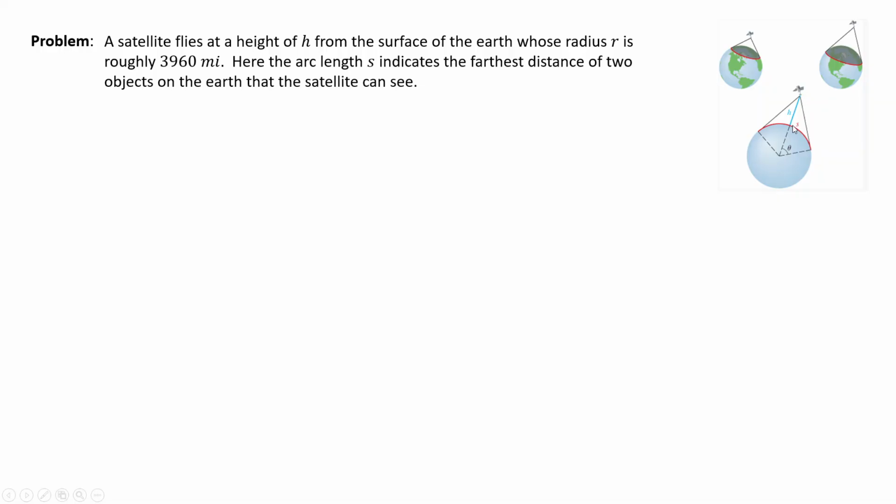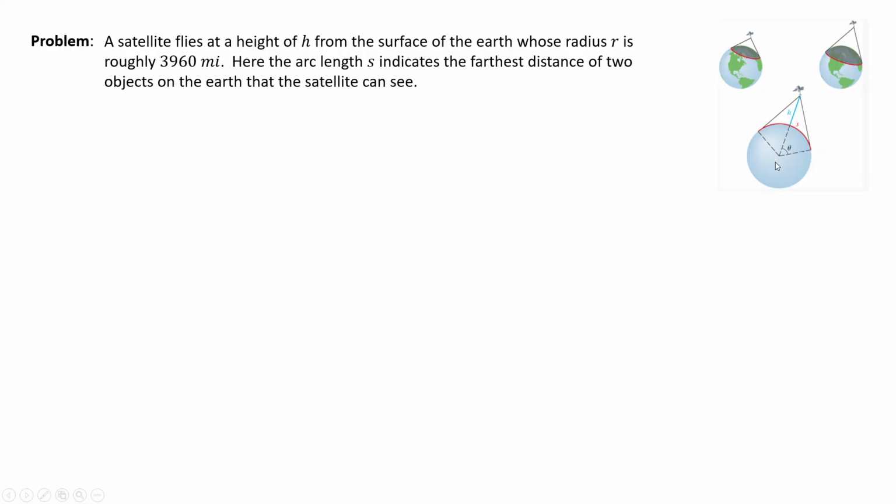What is that height? Notice that h, from the surface of the Earth to where the satellite is, is h. h is not all the way from the satellite to the center of the Earth. No, it is only the height from the surface of the Earth to the satellite. What they have done here is extend that line so that it meets the center of the Earth, and they drew two other dotted lines indicating this is the radius of the Earth, and so is this.